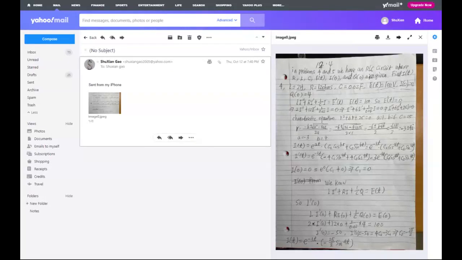Okay. Today I present problem 12.4. This problem is an RLC circuit problem. We have L is 2 H and R is 12, C is 0 point something, E of t is 100, and the initial I0 is 0, Q0 is 4, and we need to find the current equation I of t.